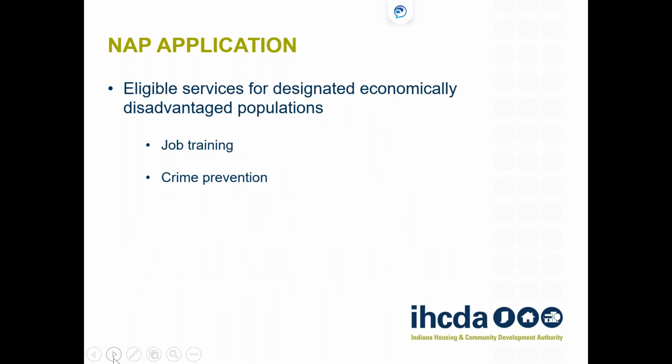Now, the 2 caveats that we have for providing services not in designated economically disadvantaged areas are job training and crime prevention. According to legislation, those 2 types of services can be provided directly to designated economically disadvantaged populations. So if you are providing services specifically to low-income populations, not in a low-income area, and they're job training or crime prevention, that's fine.